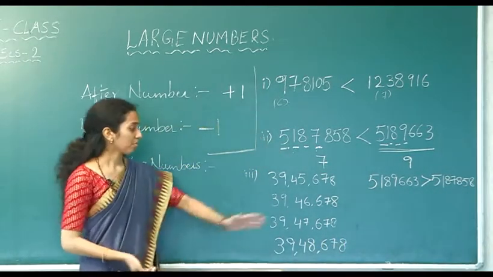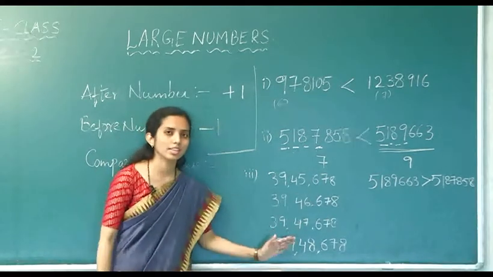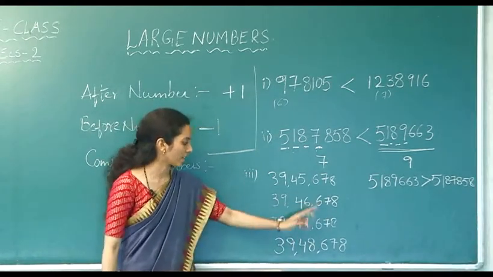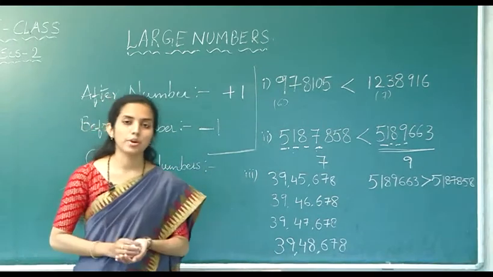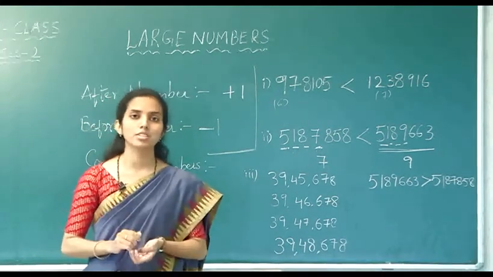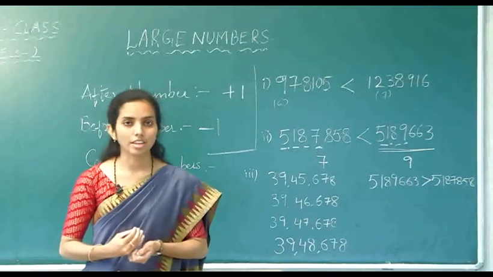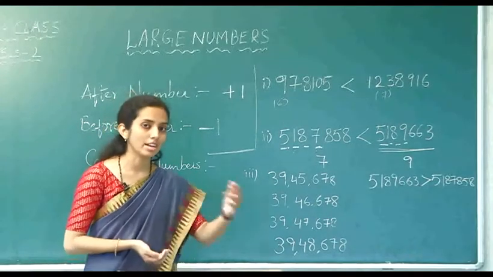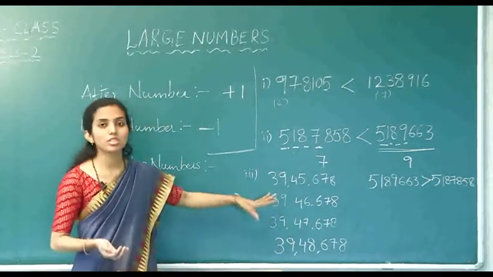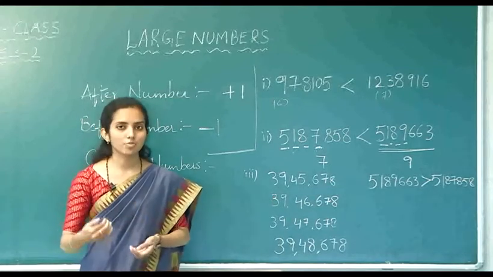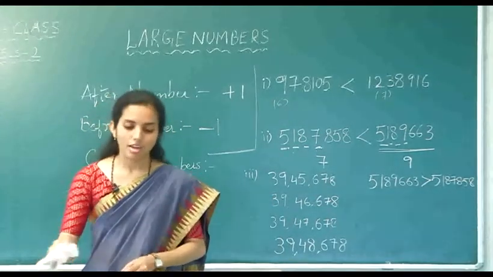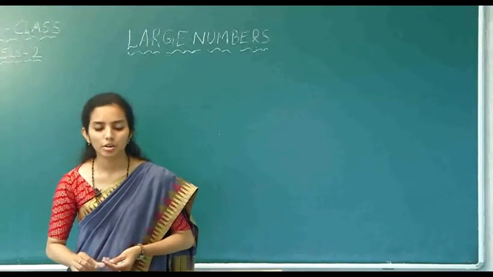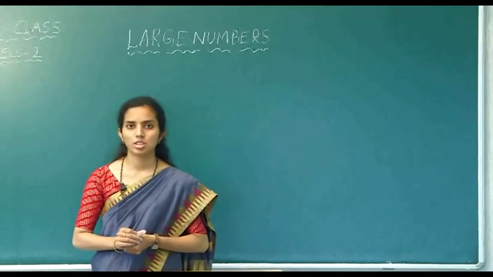This is the 1000 series of 39 lakhs. In this manner, if we are given any numbers, just observe in what series they are given, whether in 100s, thousands, 10,000s or lakhs, and follow the series and write the next number.